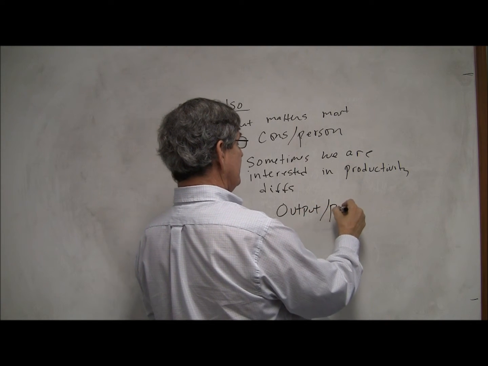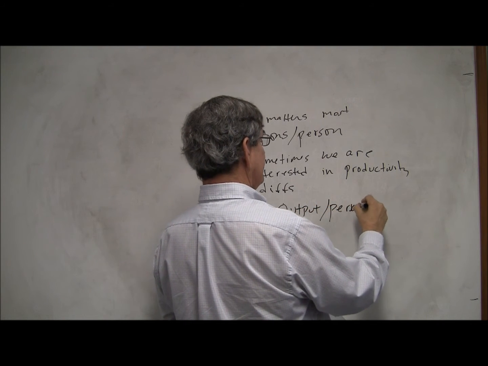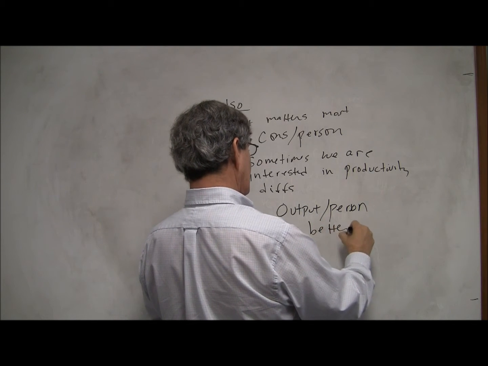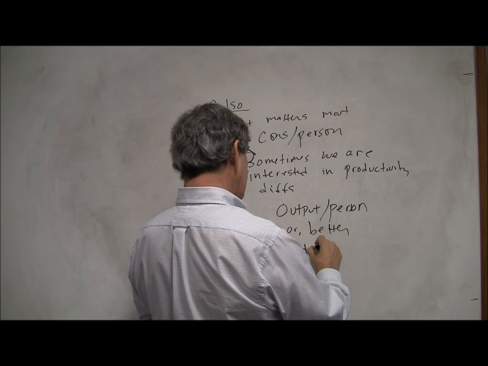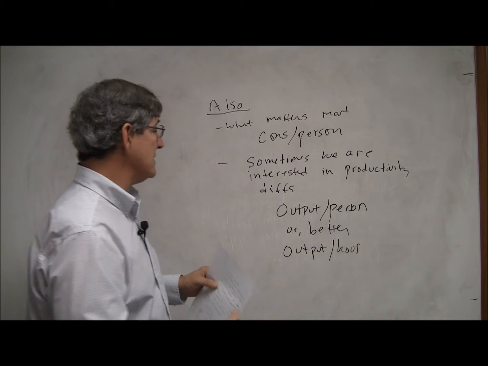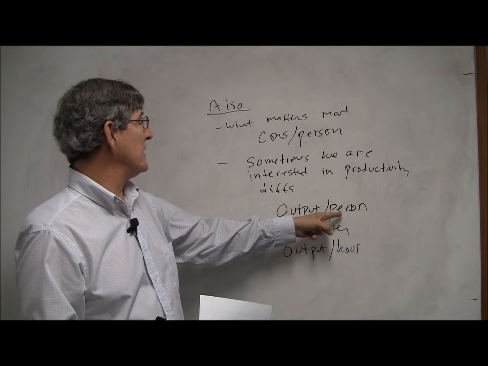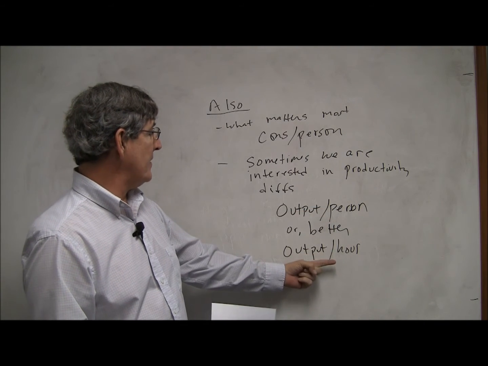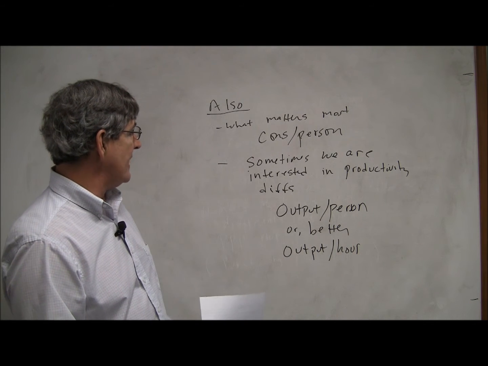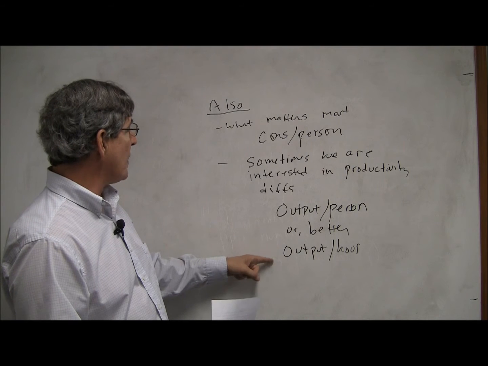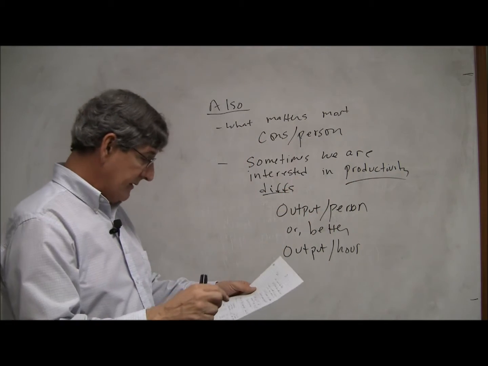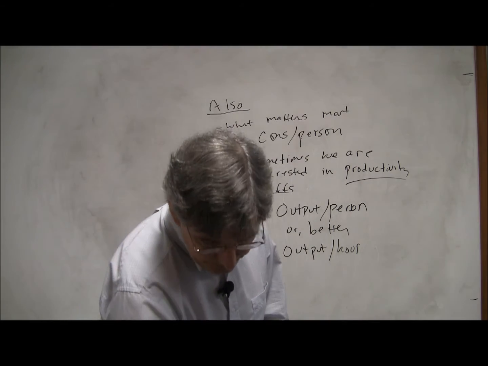Output per person, or better, output per hour. People might work different amounts. So output per person in one country, they could work 8 hours. In another country, they work 12. Well, the output per hour will control for those differences in the average workday. And so output per hour is typically what we're using when we're interested in productivity differences across countries.